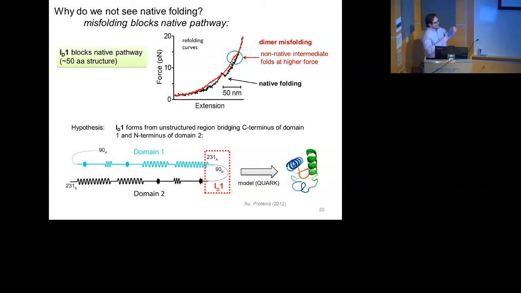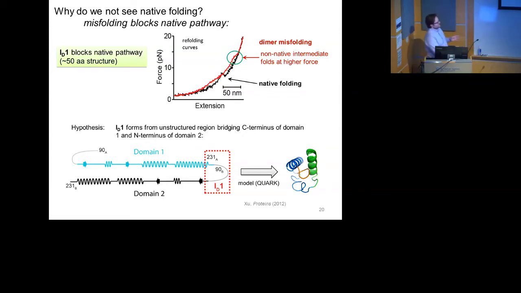So just to back up a little bit, how we make our dimer is we take a prion protein and we covalently link it to another prion protein such that the C-terminus of one is connected to the N-terminus of the other one. So it's an NC-NC dimer. And so we know that this intermediate corresponds to something of about 50 amino acids, and the formation of the structure blocks native folding in both domains.